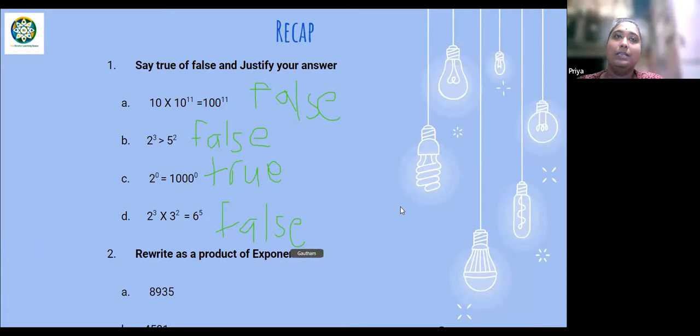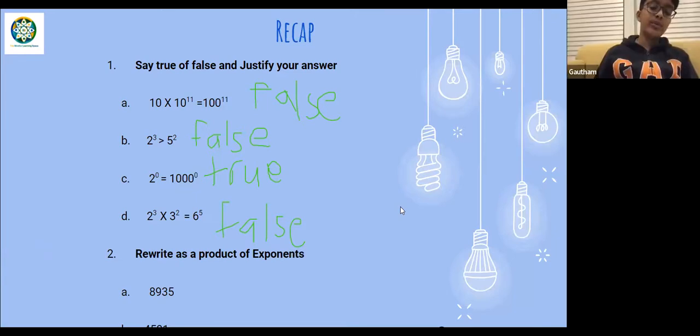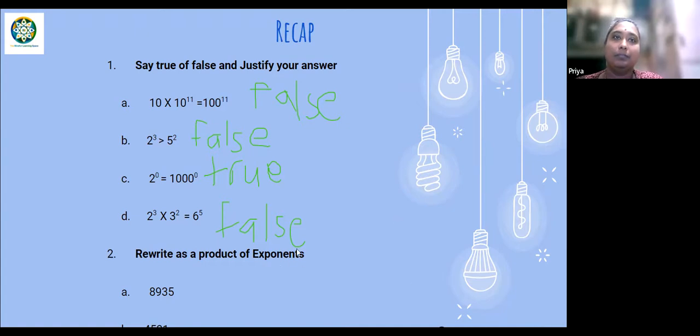Why is it false? Because all right, 2 cubed times 3 squared equals 72, and 6 to the 5th power is somewhere in the thousands. Very good. So the next sum.